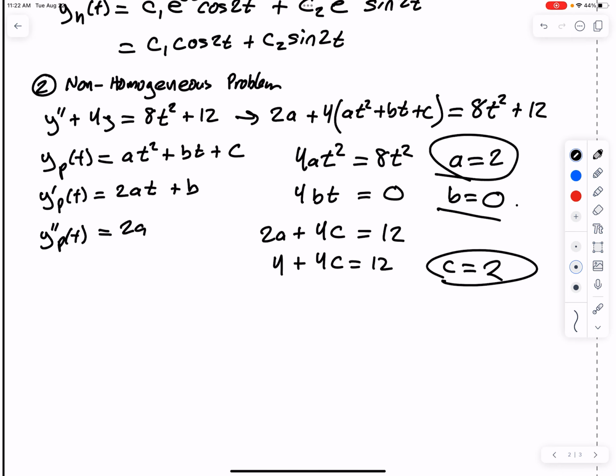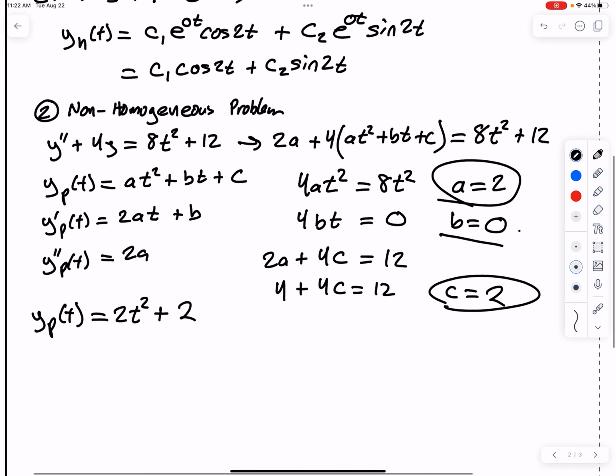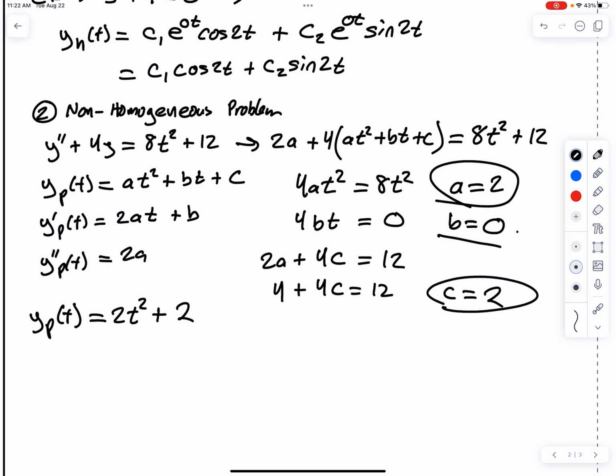That tells me that my particular solution must be 2t squared plus 2. And it should be the case that if I take the second derivative and add it to 4 times the function, I get 8t squared plus 12. So there's my particular solution.